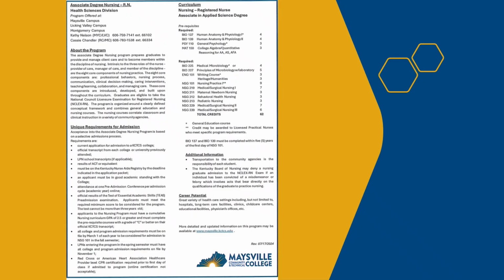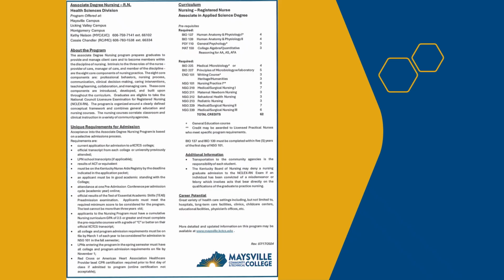You also have to have your Red Cross, which we talked about earlier, CPR, or American Heart. And if you're an LPN who's coming into the program, you need to follow those LPN rules.